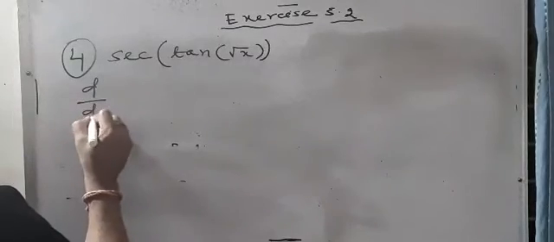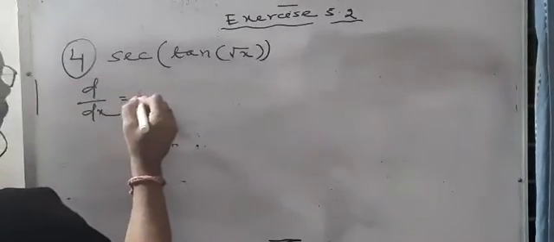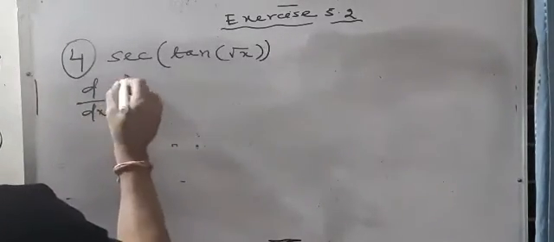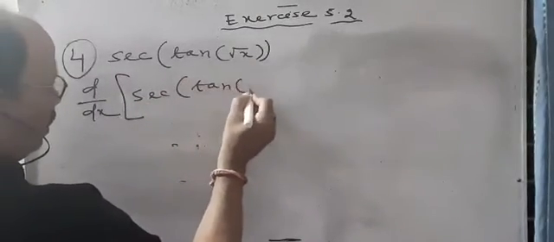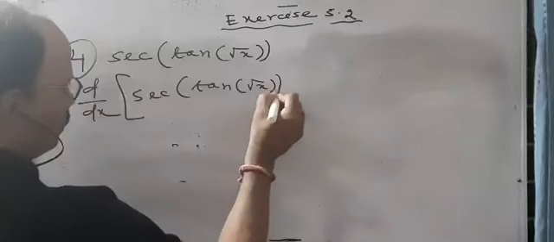Differentiate it: d/dx of sec(tan √x). So here there are three functions, so you have to do it one by one.